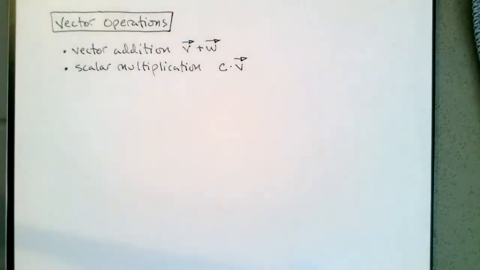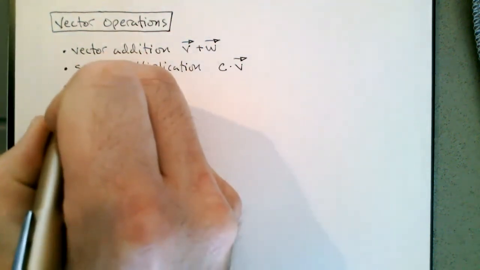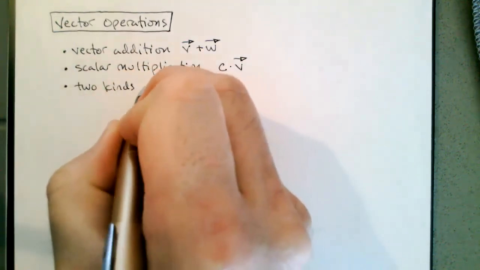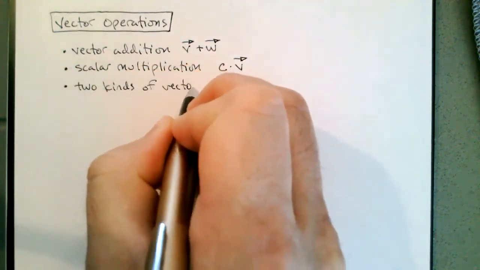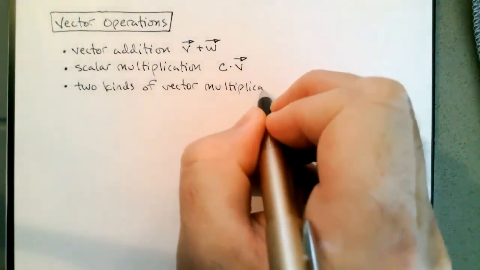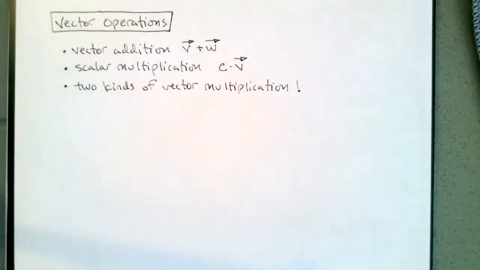But we have two other vector operations. There are two kinds of vector multiplication. There's a multiplication where we take a vector times a vector and come up with a scalar.